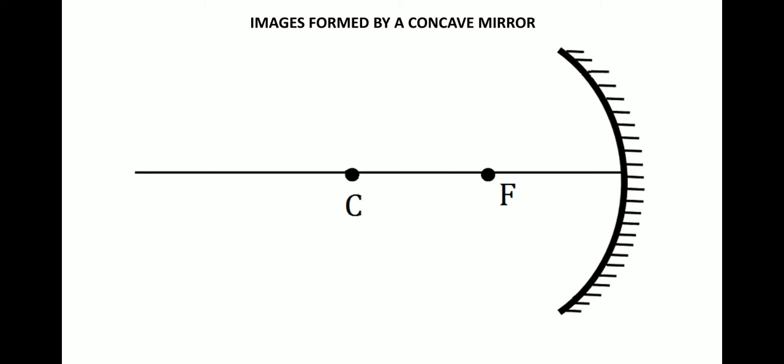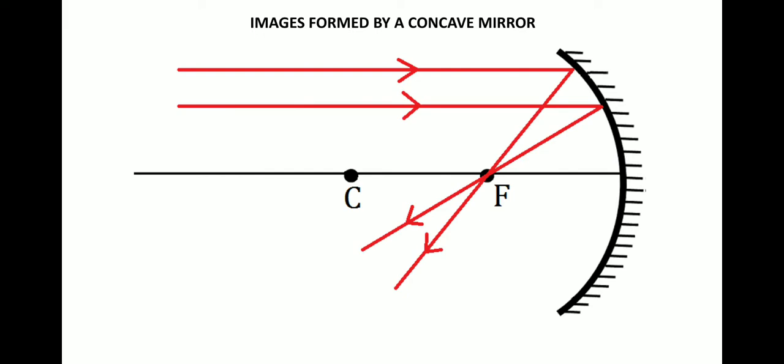It has a focus and C as a center of curvature, and when the object is placed at infinity, the rays of light that come from infinity are considered a parallel beam of light. And when this parallel beam of light becomes incident on the mirror, it will pass through the focus of the mirror.